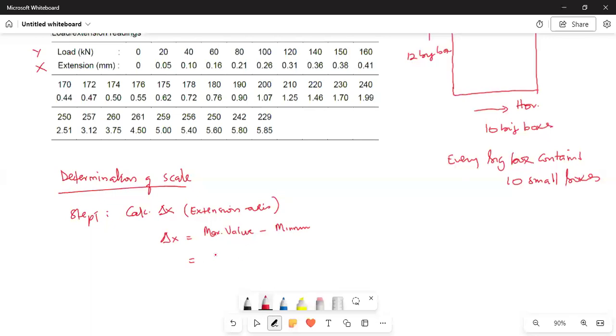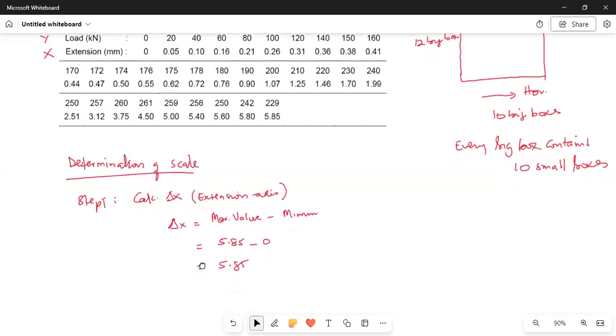So the maximum is 5.85 and the minimum is 0, and this will give us 5.85. So that's the first thing.